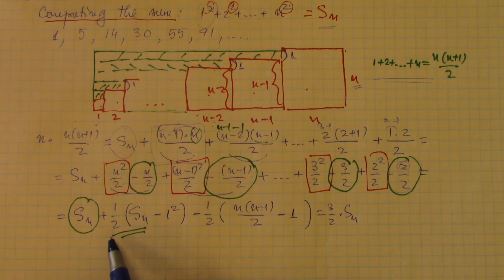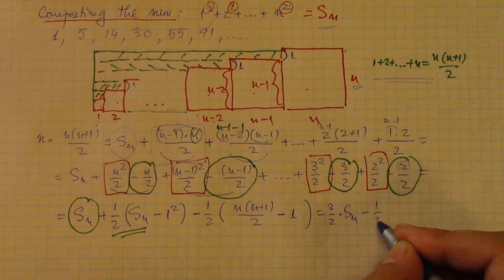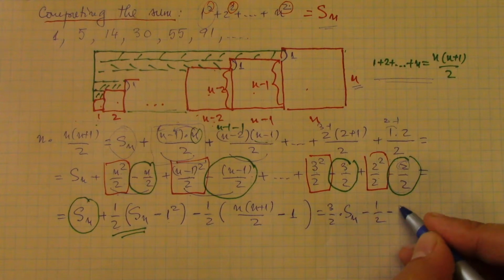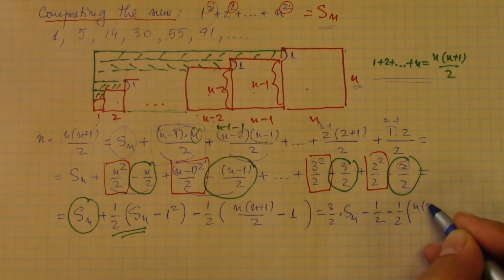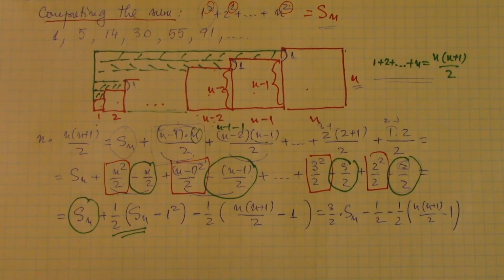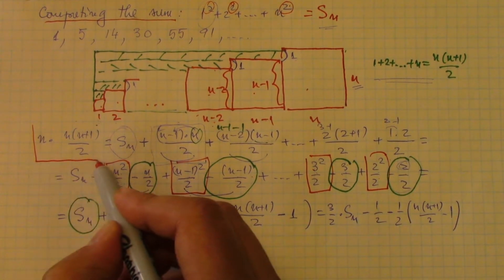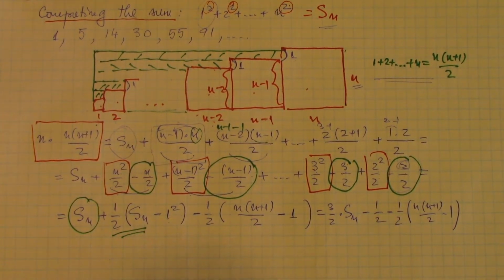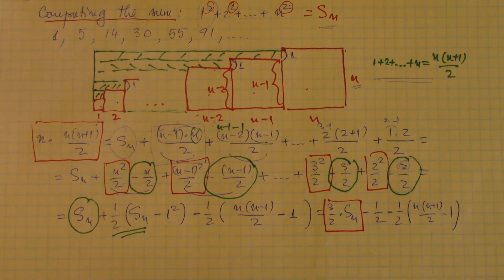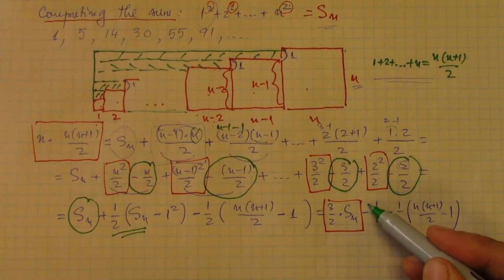And we have some leftover terms: minus 1 over 2, from 1 over 2 times minus 1, and then this term here, minus 1 over 2 times (n times (n plus 1) over 2 minus 1). Wow. I believe we are in really good shape now, because we started off with this expression and ended up showing that it is 3 over 2 times Sn plus this expression here.